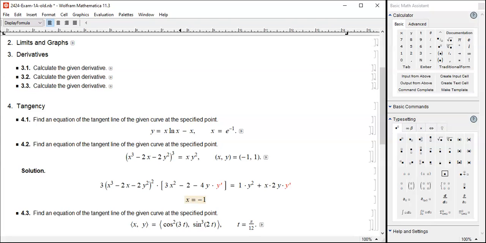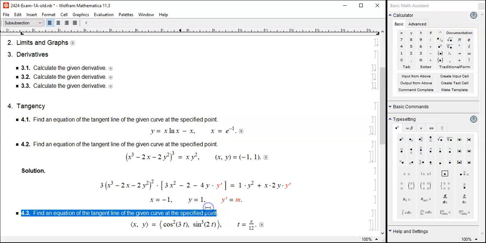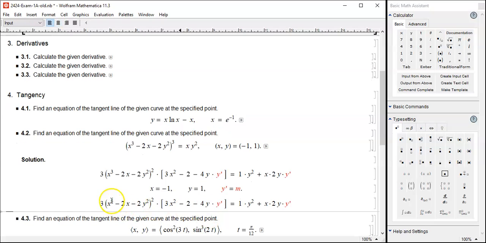Or let's do it this way. X is -1, y is 1, y prime, let's put it as m. And here, let's solve that equation.